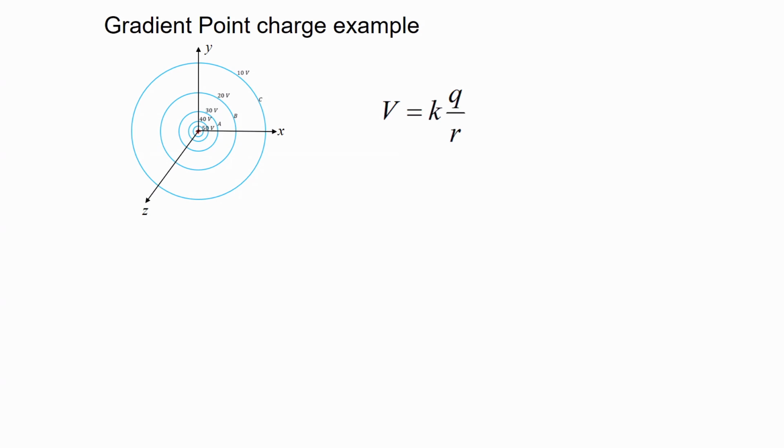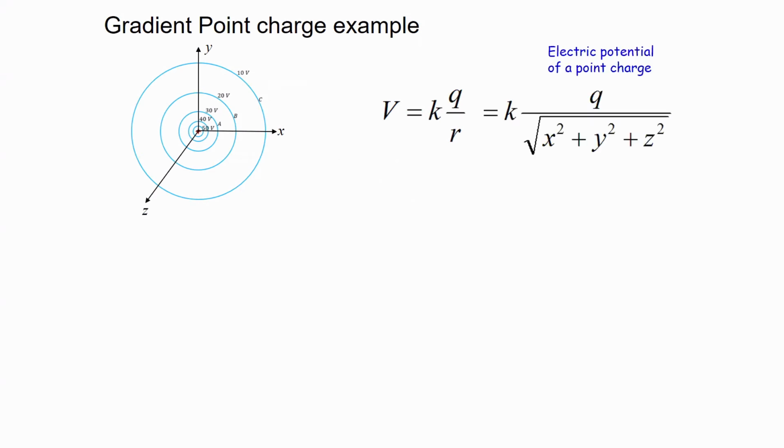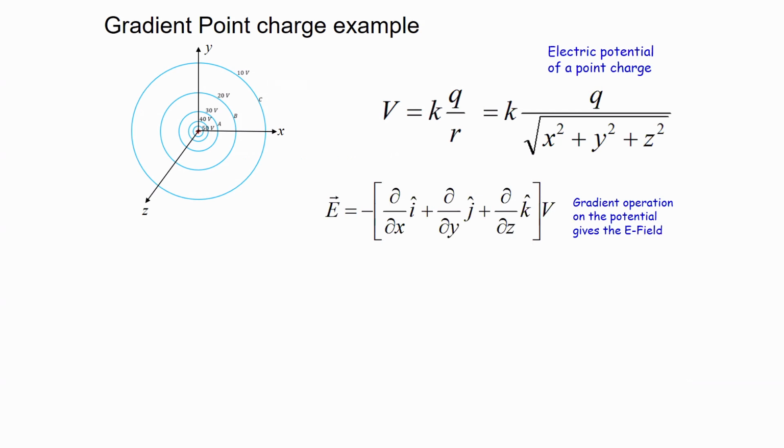So first, what we want to do is replace R with Cartesian coordinates, which we're showing here. So we have kQ divided by the square root of x squared plus y squared plus z squared. And now what we want to do is apply the gradient operation onto this potential and see what happens.